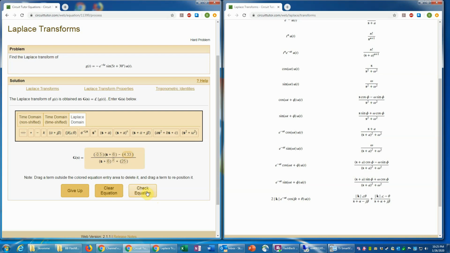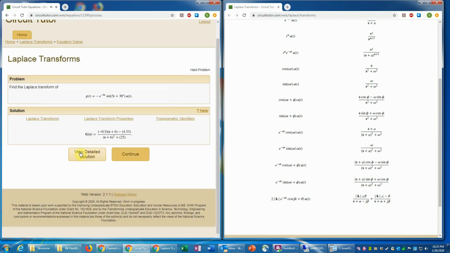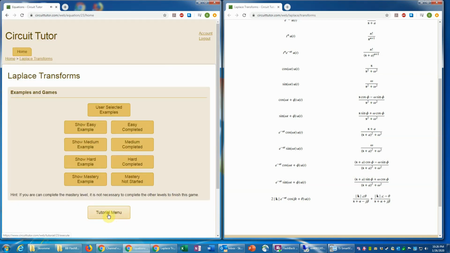That should be correct. And it is. And once again, we can get a detailed solution, if necessary, by clicking here, just to review how the work was done. So that does complete the hard level problems.